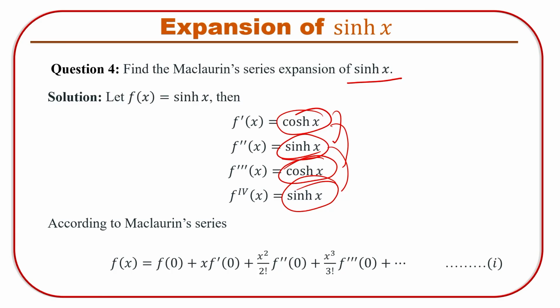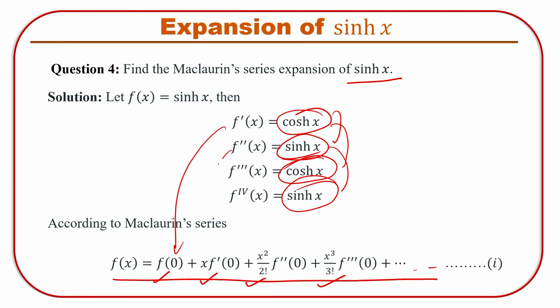So, according to the Maclaurin series, f x can be approximated and written as the sum of infinite terms: f x equals f0 plus x into f dash 0, plus x squared by factorial 2 f double dash 0, plus x cubed by factorial 3 f triple dash 0 and so on, right. Put all these values here.